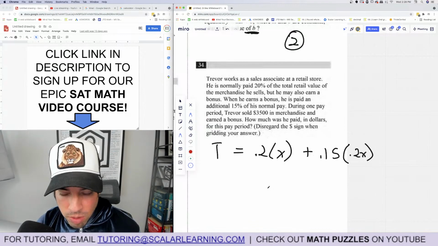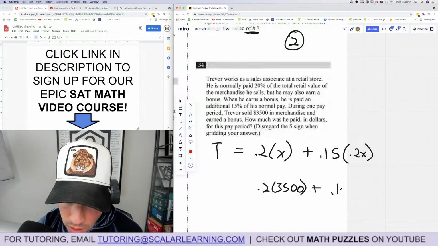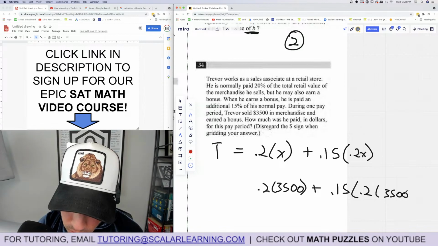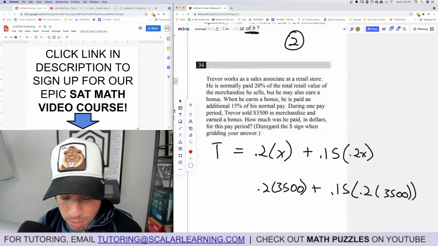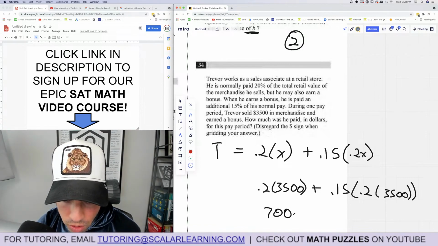So 0.2 times 3,500. I can do this mentally. That is basically 2 times 3,500, which is 7,000, but you move the decimal over one, so it's 700.